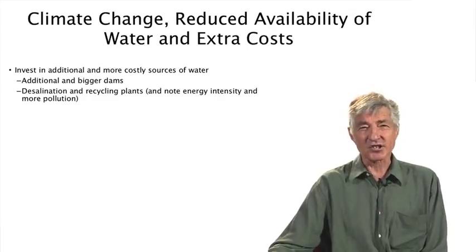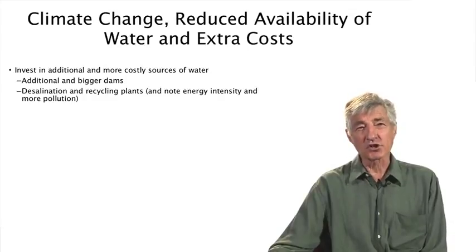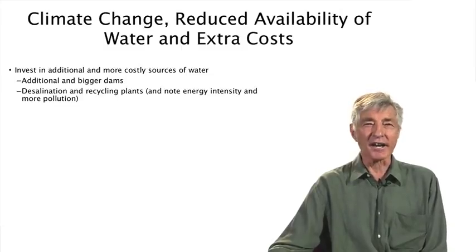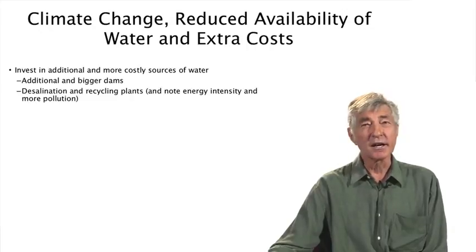And of course there's a little sting in the tail for climate change of producing desalinated and recycled water. They take a lot of energy, and a lot of that energy comes from the burning of fossil fuels. So there's a kind of double cost sting in that.